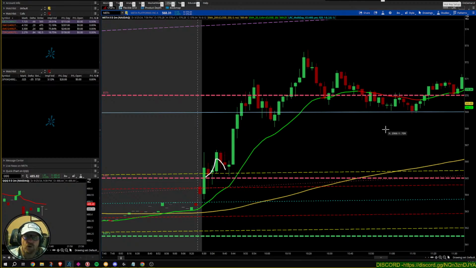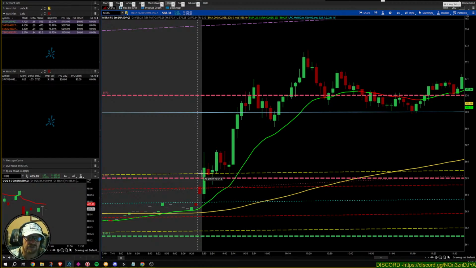The more aggressive way, this is a little more riskier, and I'll show you why, is to trade two consecutive red closes below the 20 EMA. So what that can help you to do, if you're willing to risk more profit, but risking more actually helps you to make more, and you'll see why here in a minute.